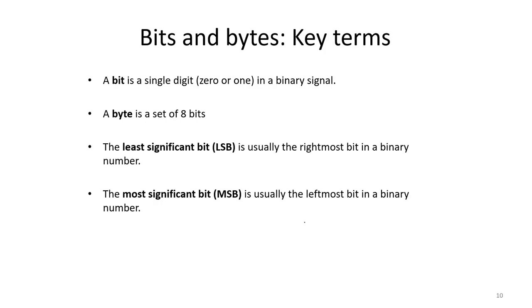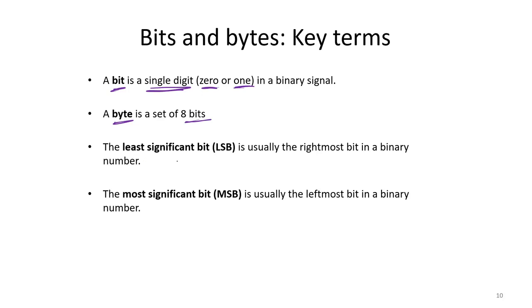Let's cover a few more key terms that are especially important in computer architecture. In computer architecture, we define a bit as a single digit in a binary signal. Here we are specifically working with zeros and ones as the two options that our binary signal can have. A byte is defined as a set of 8 bits.